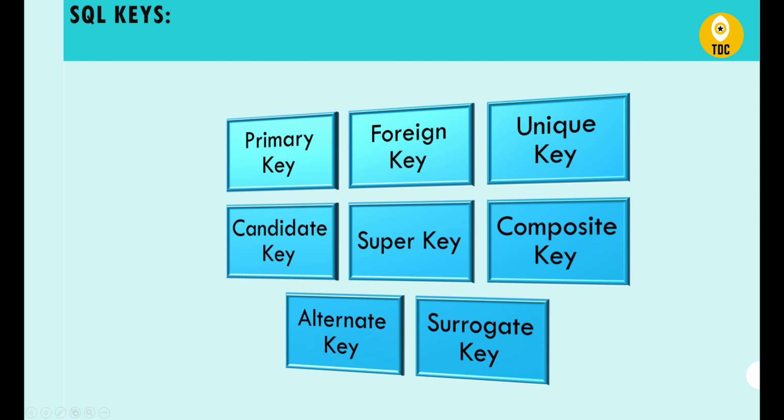Surrogate key is actually not a composite of multiple keys. Composite key is a composition of multiple keys, but surrogate key is something which automatically generates unique values in order. So we will see in a while what exactly these different keys are and how exactly we can create the keys, right?